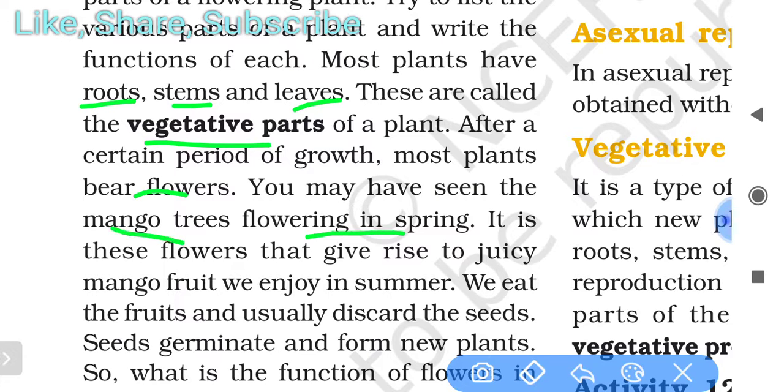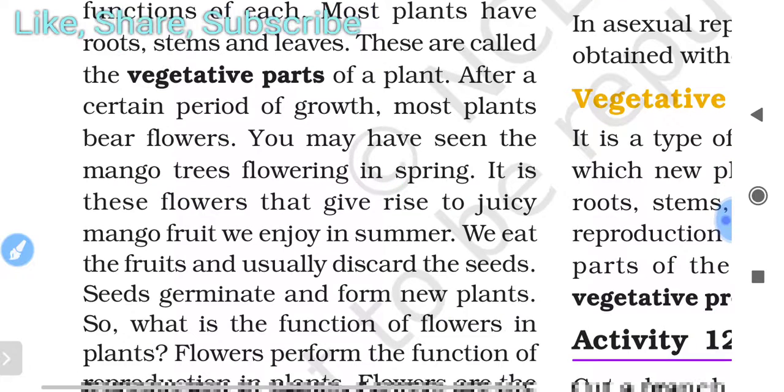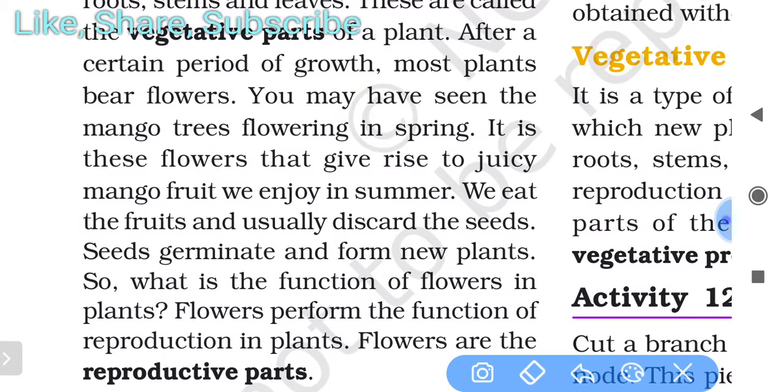It is these flowers that give rise to the juicy mango fruit we enjoy in summer. We eat the fruits and usually discard the seeds. Seeds germinate and form new plants. So you can see that from a flower we get the fruit, and from a seed we get the new plant.